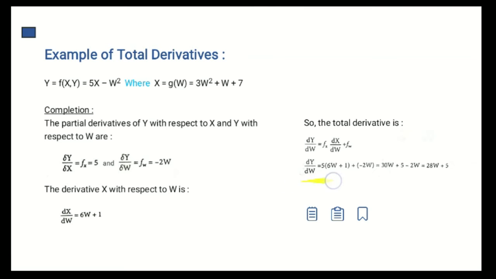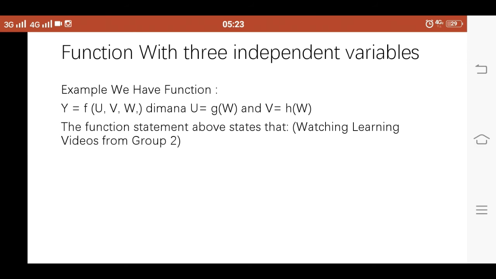So dy/dw is 5(6w + 1) + (-2w), which is 30w + 5 - 2w, which is 28w + 5.